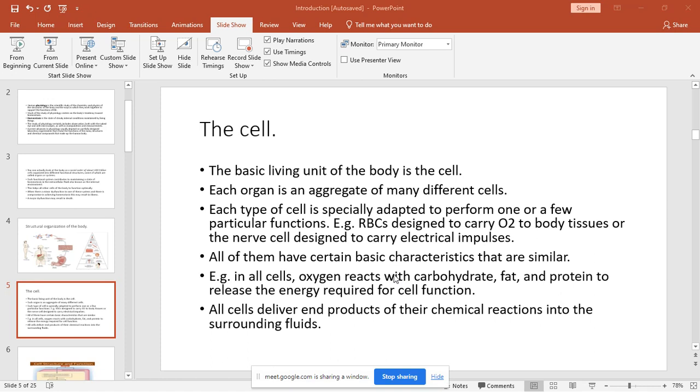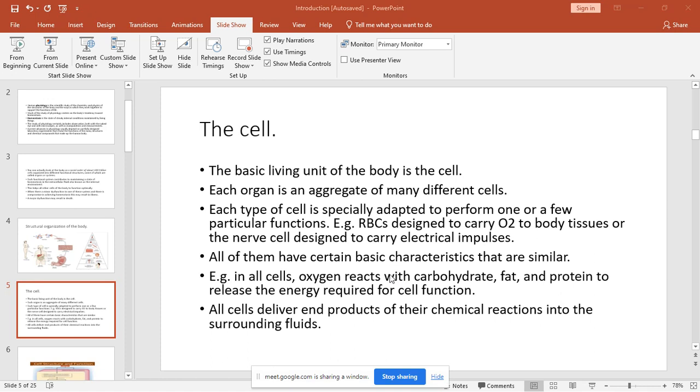The ability to metabolize fat, the ability to metabolize protein, basically to release energy. And we also know that all these cells have the ability to produce end products of these chemical reactions, which will then be secreted into the surrounding.